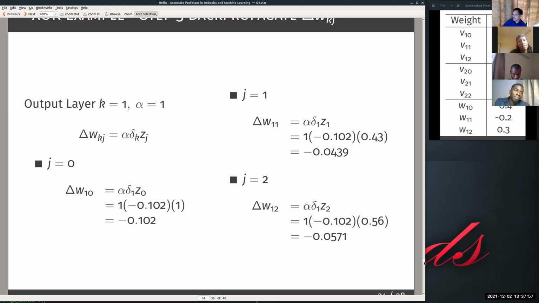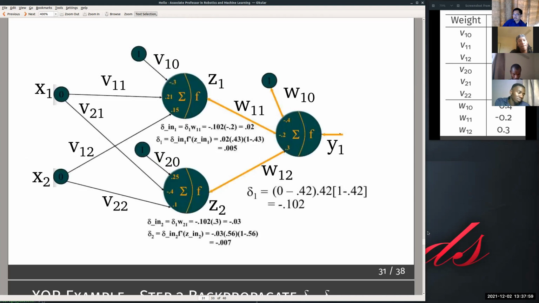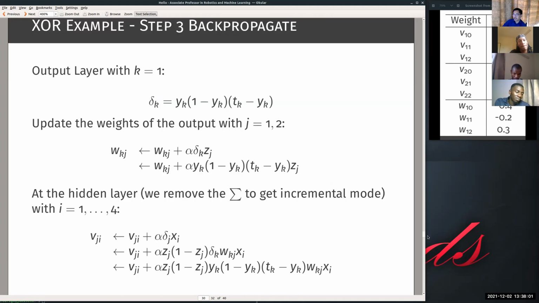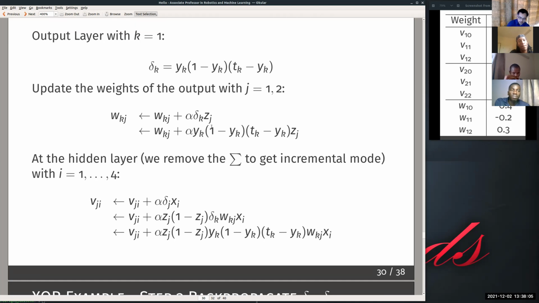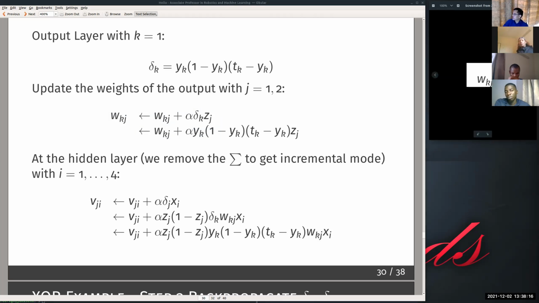So from the original equations, let's go here, so that we will convince ourselves that these are correct. So we update our W using this.